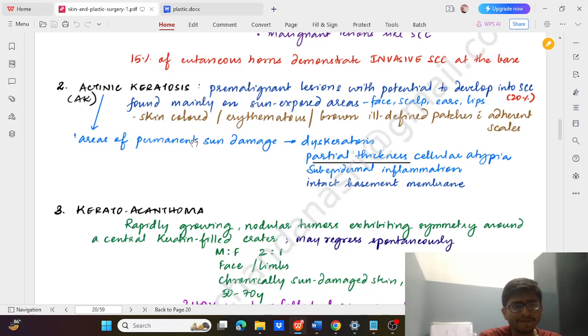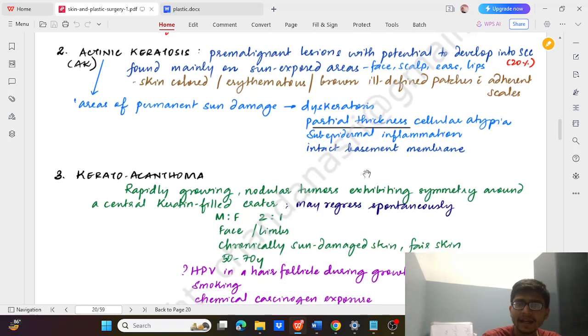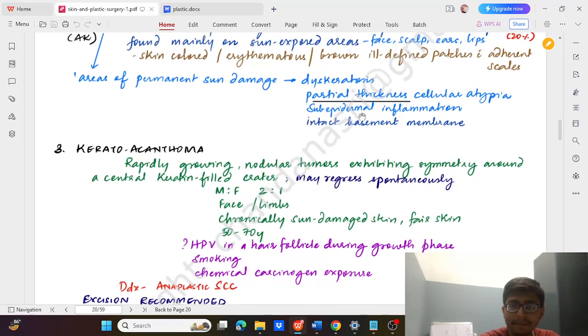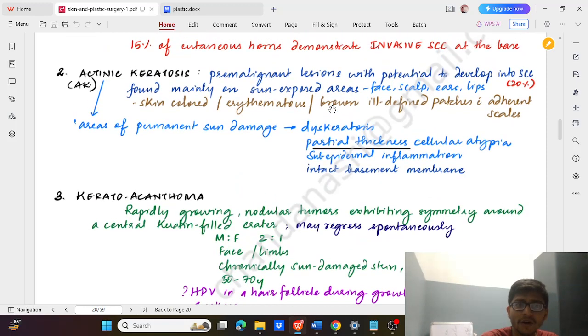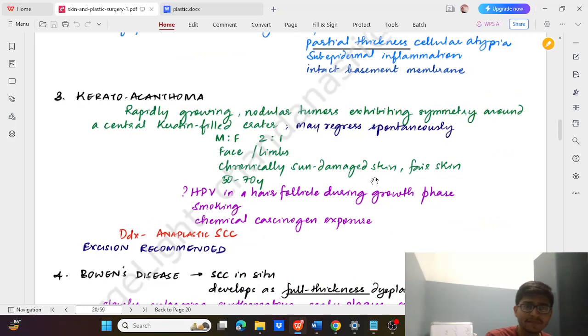These are areas of permanent skin damage due to sun and show dyskeratosis, that is partial thickness cellular atypia, and there will be subepidermal inflammation, that is important, and an intact basement membrane. So four points for actinic keratosis, which is important: dyskeratosis, which is partial thickness cellular atypia; subepidermal, below the epidermis, inflammation; and intact basement membrane.